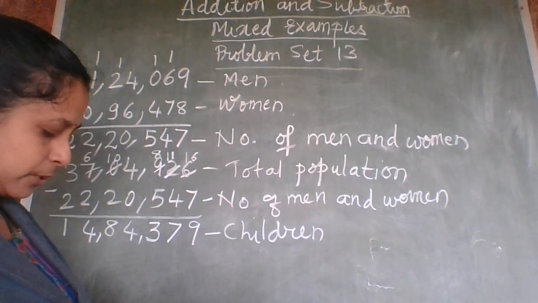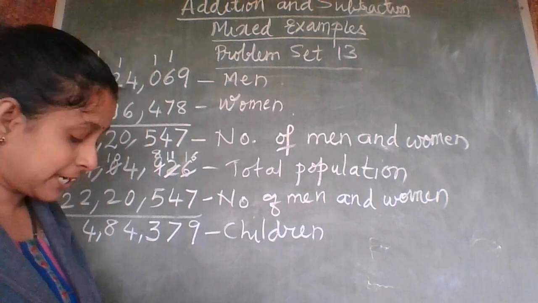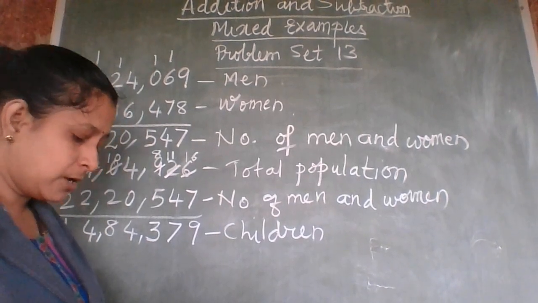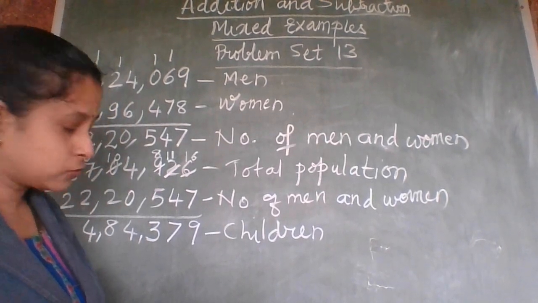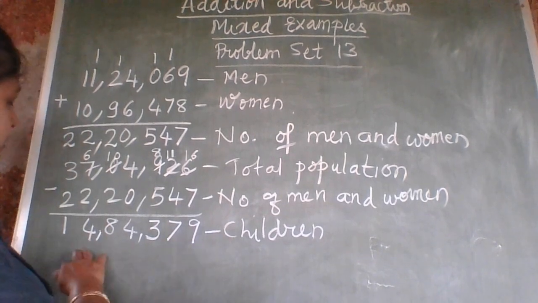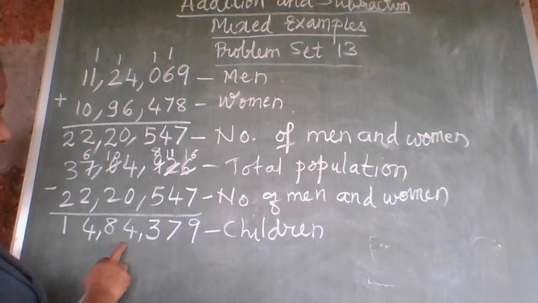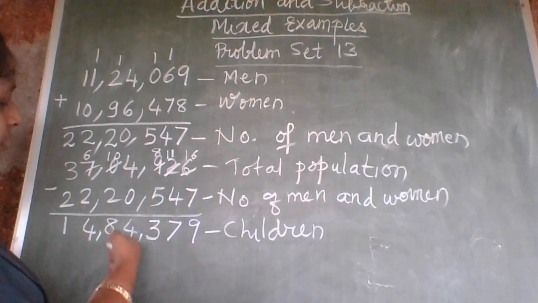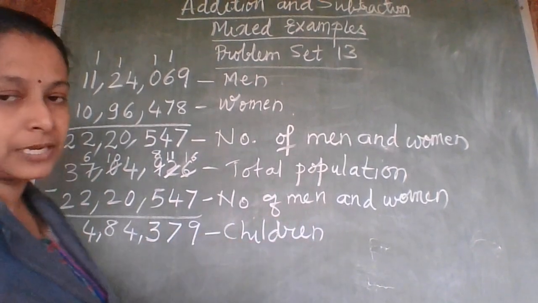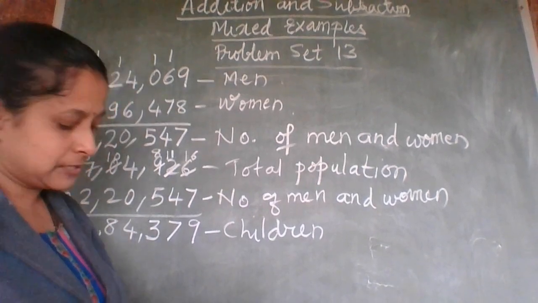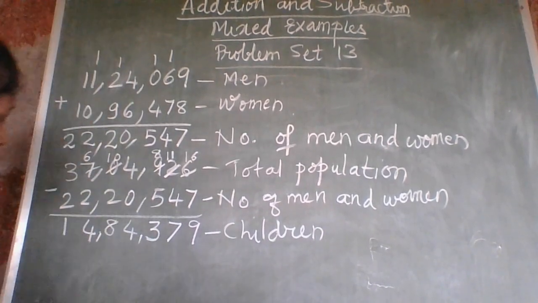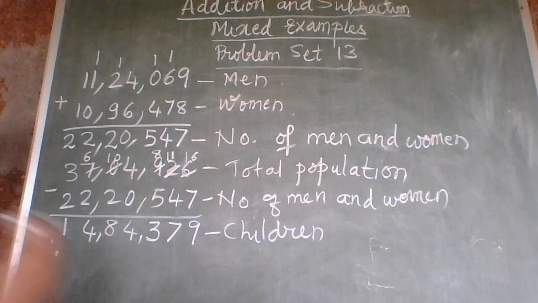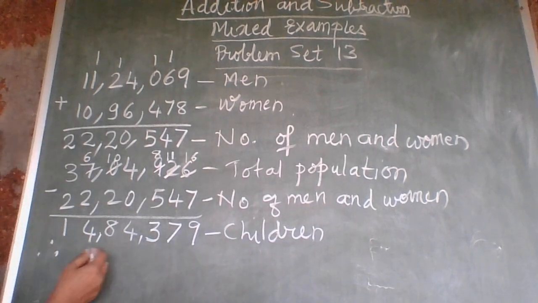So according to the question, we have to frame the statement now. What is the number of children in the city? So you can either write the number of children in the city were 14,84,379, or you can say 14,84,379 were the number of children in that particular city. Whichever you find easy, you write. Okay, so I will write this way.